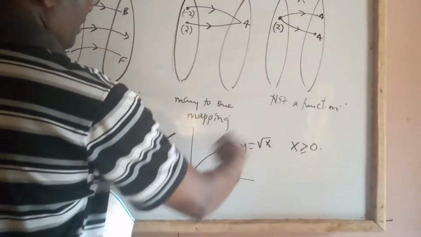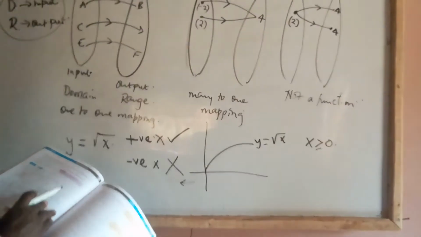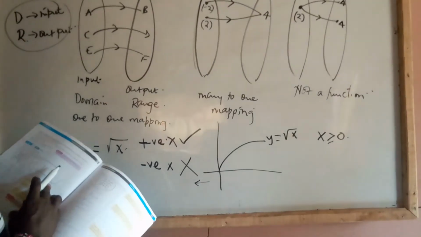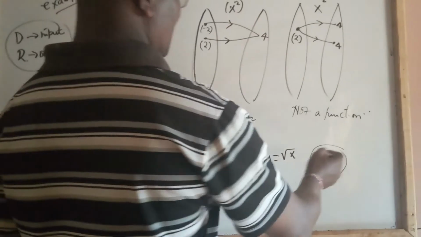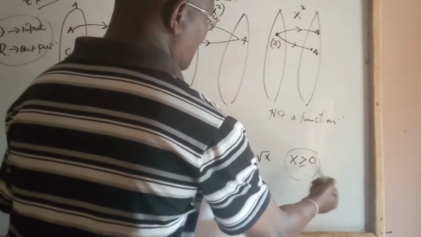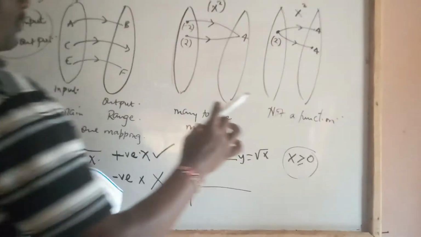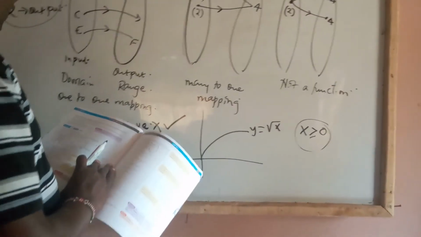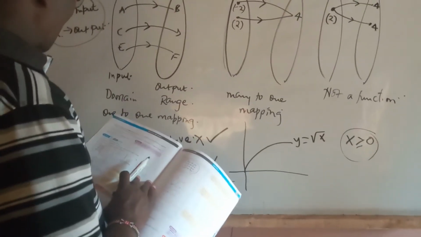It is already shown in this graph that we will not have the value of y when x is less than 0, or negative numbers. However, if you restrict the domain to x greater than or equal to 0, the domain is now restricted because it can only assume specific values starting from 0 moving in the positive direction. Then every element in the domain is mapped to exactly one element in the range.